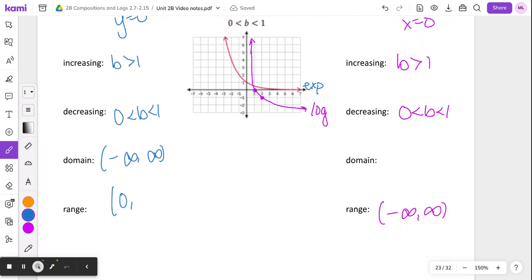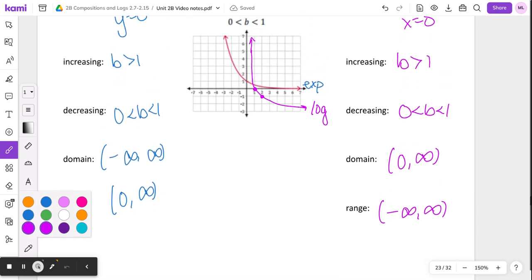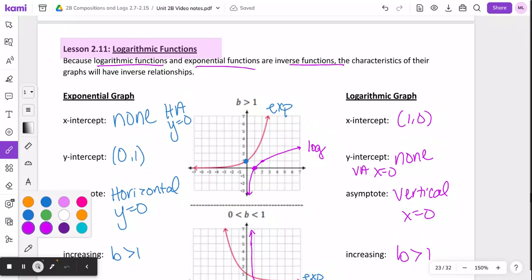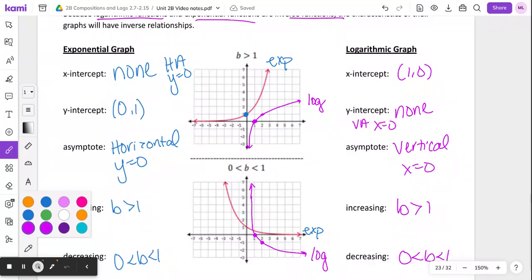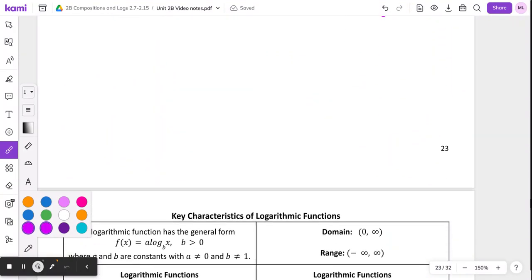So the range is anything greater than 0. And because we have a vertical asymptote for the log functions, that's why the domain is just greater than 0. All right, so there are a lot of similarities between them. If you can remember things about the exponential, because you're usually a little more familiar and comfortable with them, then you just have to switch your domain and range, your x and y, and you'll know all your facts about your log functions.